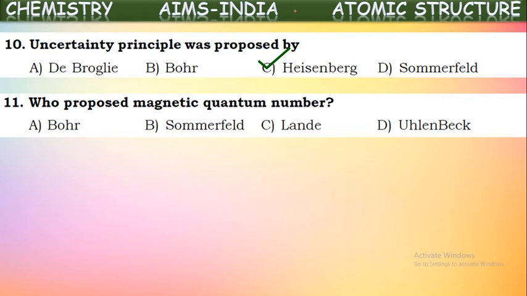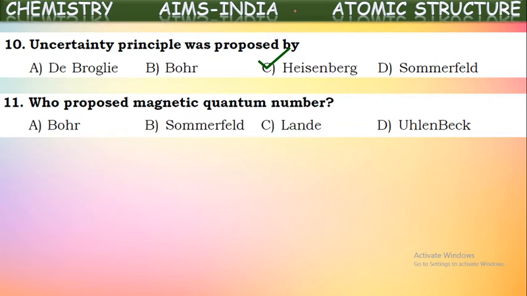Who proposed magnetic quantum number? What are quantum numbers? The numbers which are used to locate an electron in an atom are called quantum numbers. There will be a set of 4 quantum numbers for every electron. The first one is the principal quantum number, which was proposed by Niels Bohr.